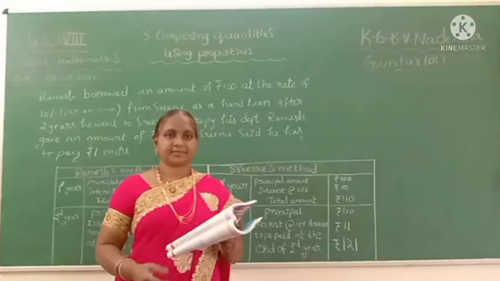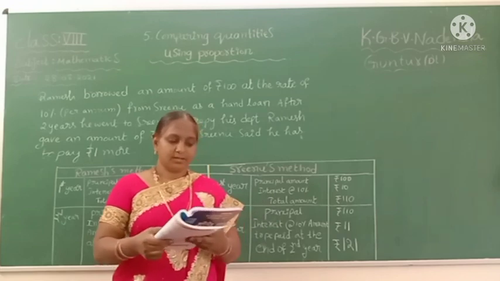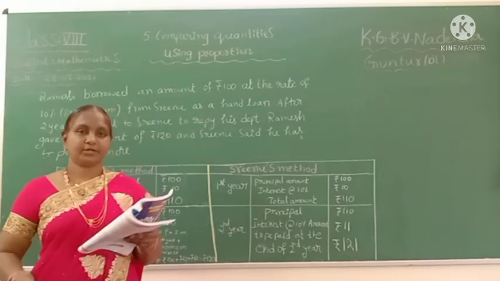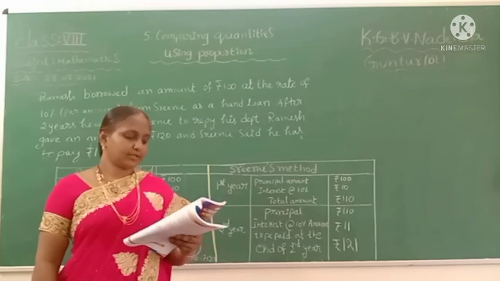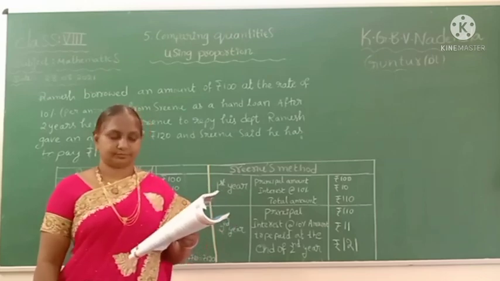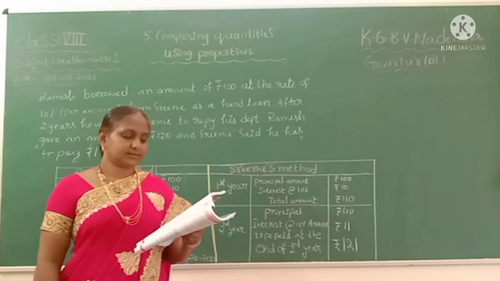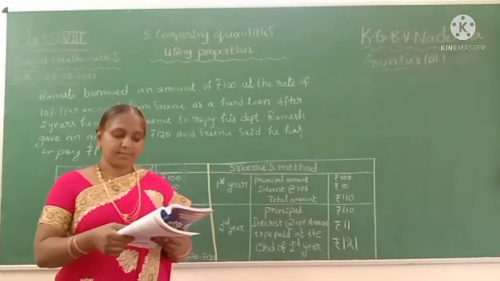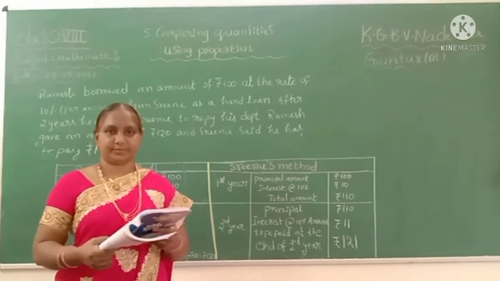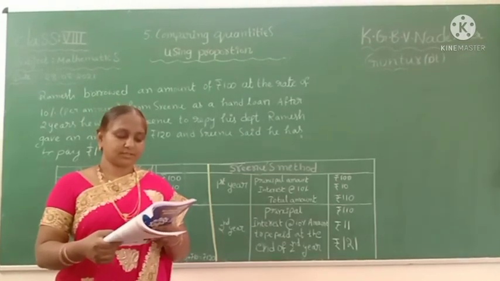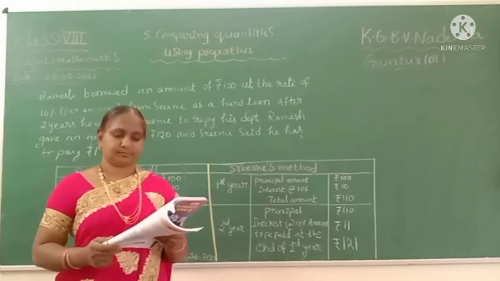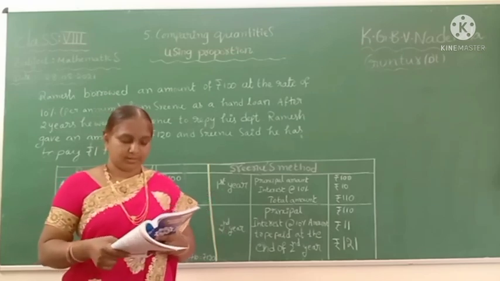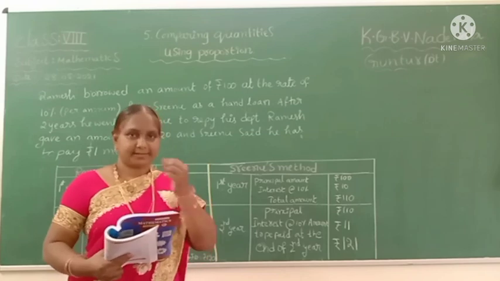Okay, here I take one more problem. Ramesh borrowed an amount of 100 rupees at the rate of 10% per annum from Srinu as a hand loan. After 2 years, he went to Srinu to repay his debt. Ramesh gave an amount of 120 rupees, and Srinu said he has to pay 1 rupee more. How did they calculate?